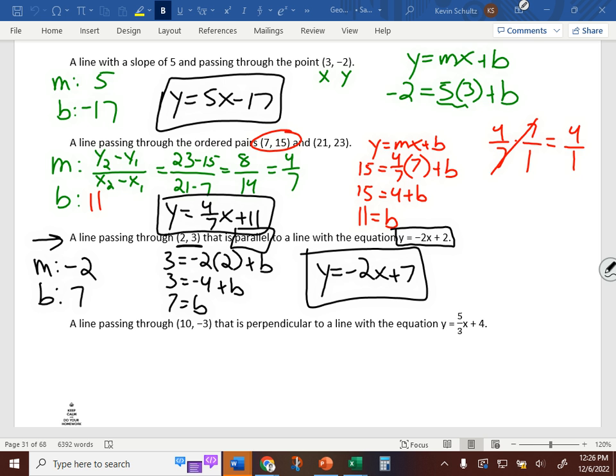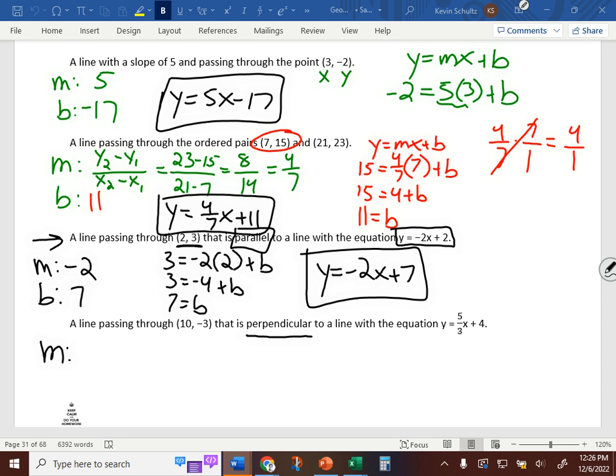The last one: write the equation of a line passing through 10, negative 3 that is perpendicular to a line with the equation y equals 5/3 x plus 4. Catherine, what does the word perpendicular mean in regards to slope? So if the given line has a slope of 5/3, what will the slope of our line be?